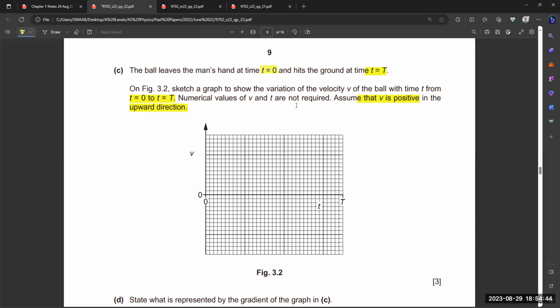So for upward motion and for downward motion, this is a speed time graph, right? And for a speed time graph, we know that the distance covered by the body in downward motion is greater as compared to the upward motion. Why?